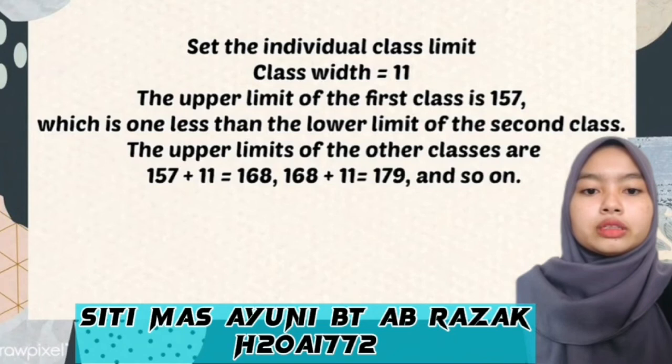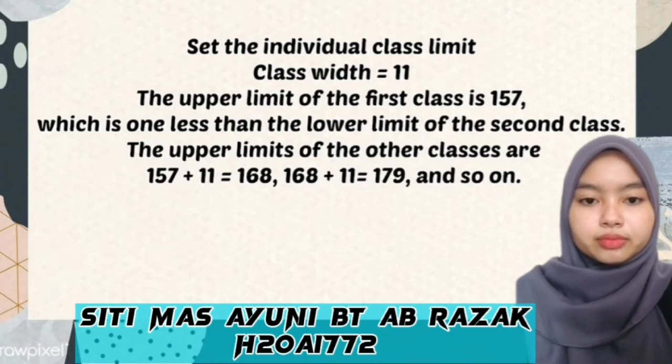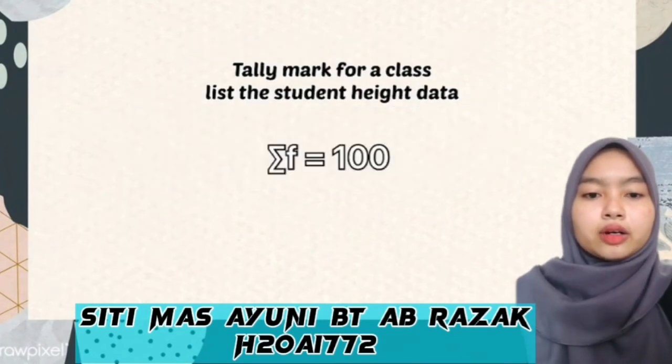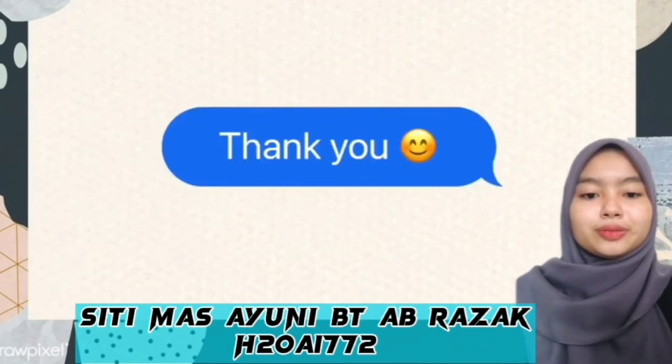The upper limit of the other classes are 157 plus 11 equal 168. 168 plus 11 equal 179, and so on. Step 4, make a column for tally mark for a class limit, the student height data, sum of equal 100. That's all from me. Thank you.